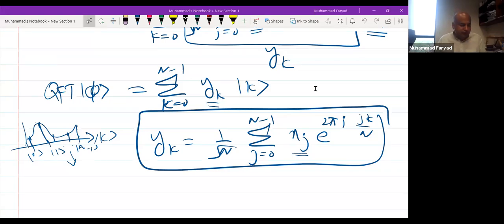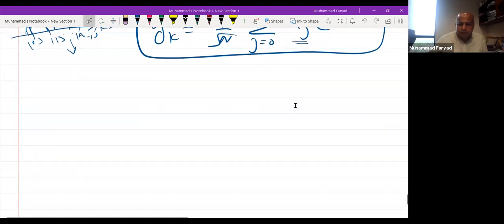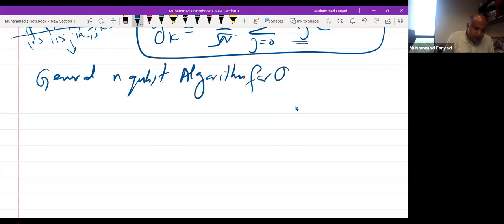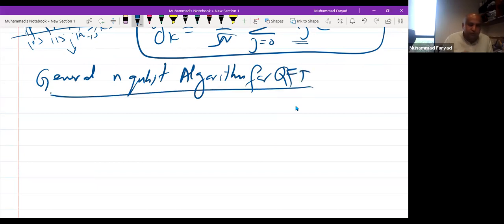Okay, so now we will extend this 2-qubit algorithm to a general n-qubit algorithm. So for that, let me start discussing the general algorithm for QFT.